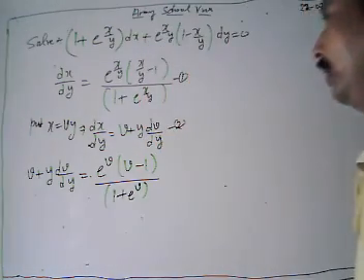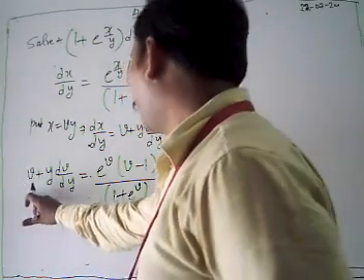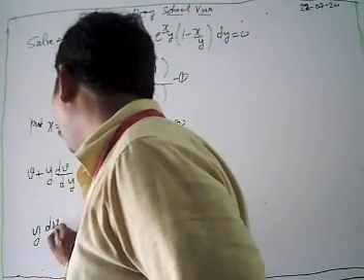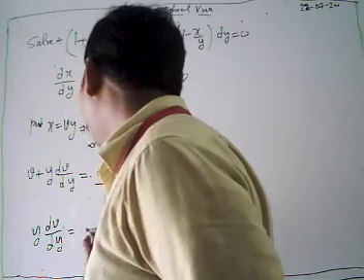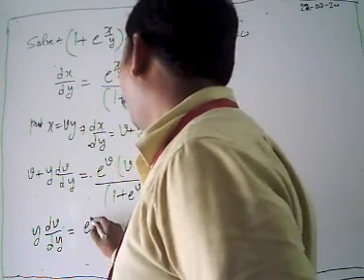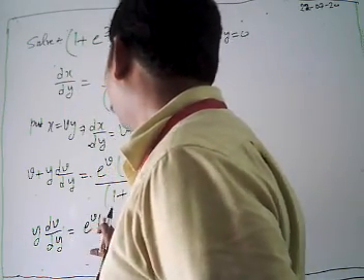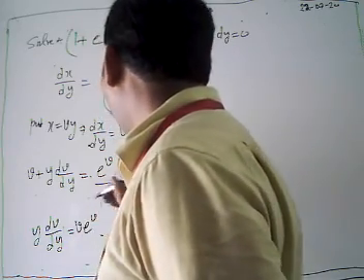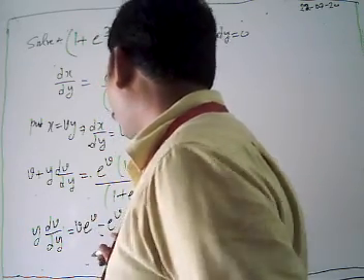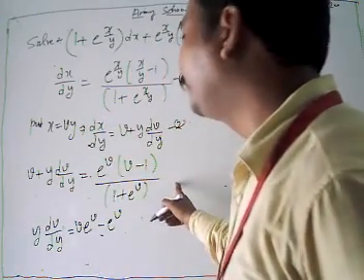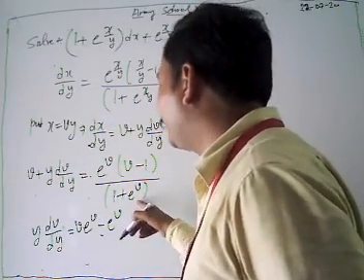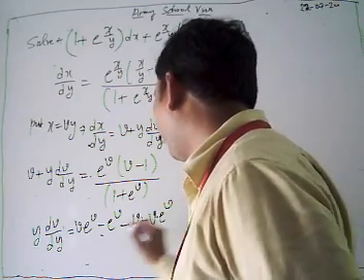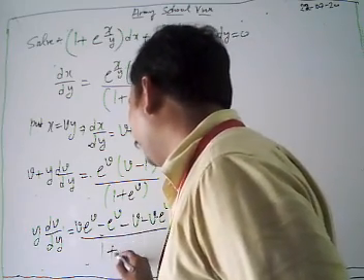Now we have to transpose this v. Then what we have? y dv by dy is equal to e to power v times v minus e to power v, and transposing v as minus v and taking LCM, we have minus v into e to power v upon 1 plus e to power v.